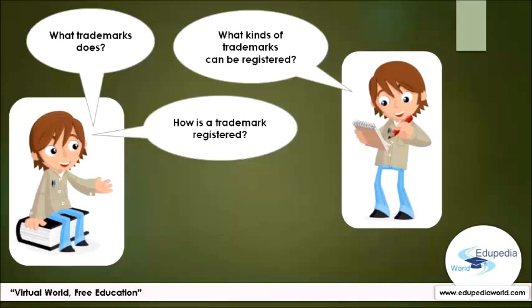The sign must fulfill certain conditions in order to be protected as a trademark or other type of mark. It must be distinctive so that consumers can distinguish it from trademarks identifying other products as well as identify a particular product with it.